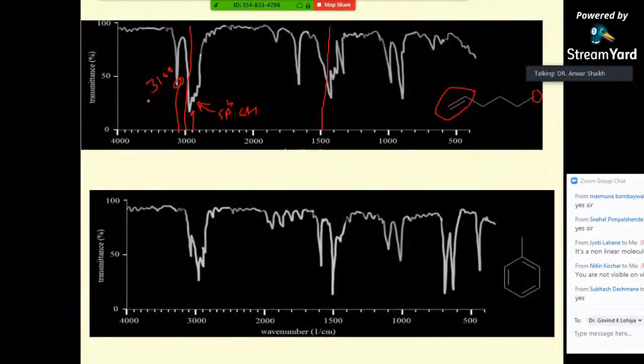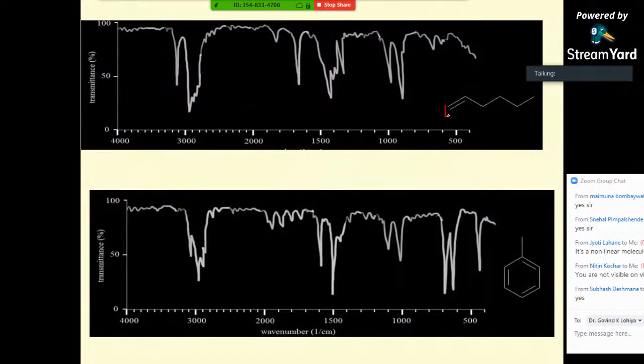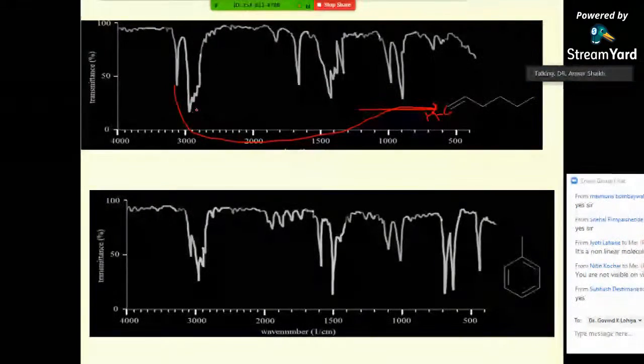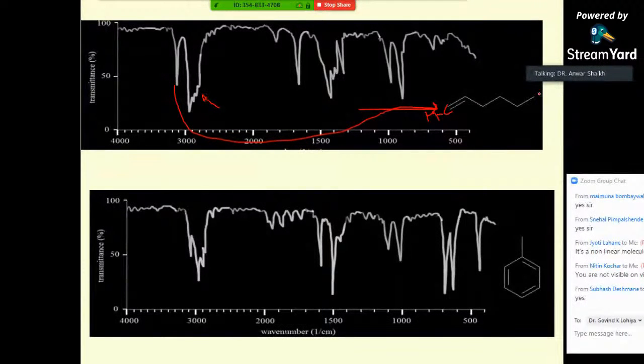And if you see our previous example, the hydrogen which is connected to a double bonded carbon gives the peak in the range of 3100. So this peak is due to this CH stretching, and this peak is due to CH stretching of single bonded, maybe CH3 or CH2, CH2, CH2. Okay, so these two peaks are clear.